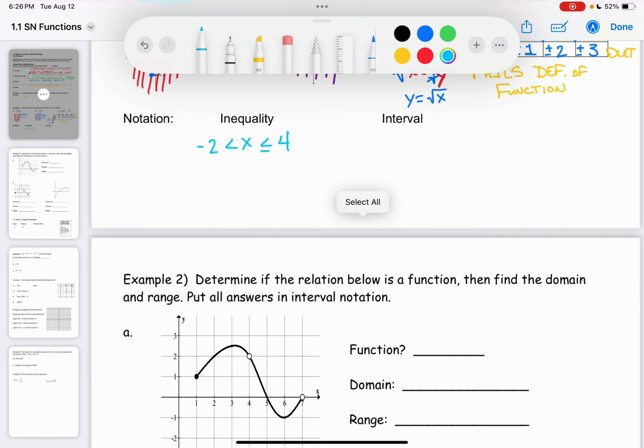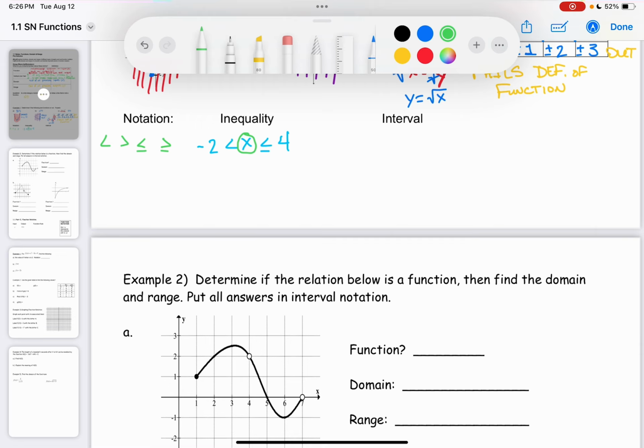So there's an example. Now, this is inequality notation because inequalities are greater than, less than, greater than or equal to, less than or equal to. So you can see here, the x value falls somewhere between these numbers.